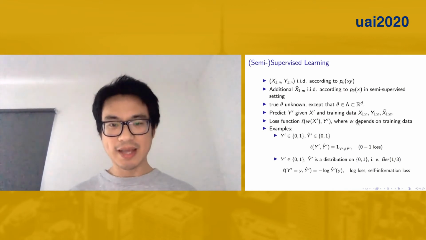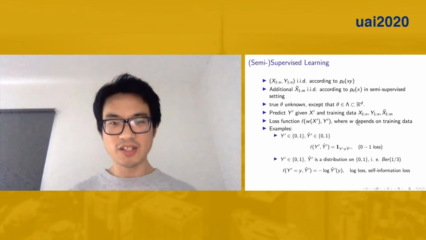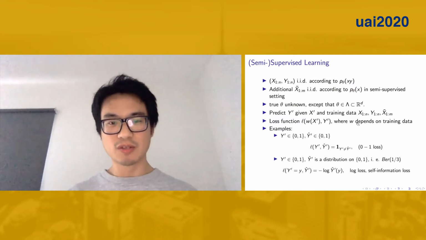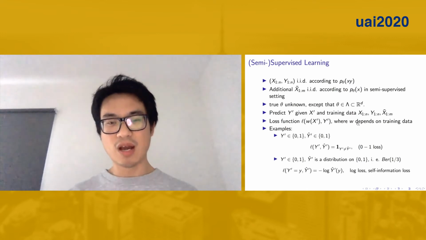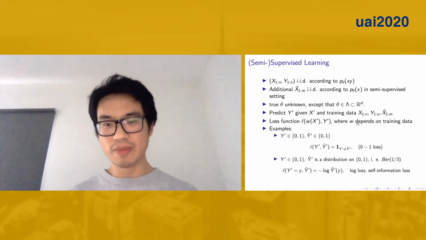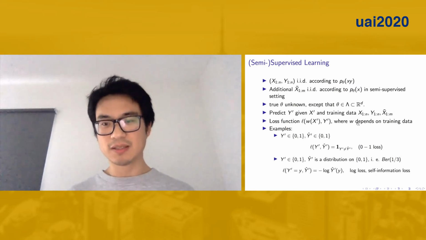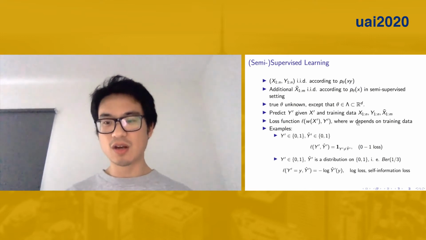In this case, the y hat prime is actually a function. For example, if y prime is equal to 1, the loss would be log 3. If y prime is equal to 0, the loss would be log of 3/2. And this loss is known as log loss or self-information loss.